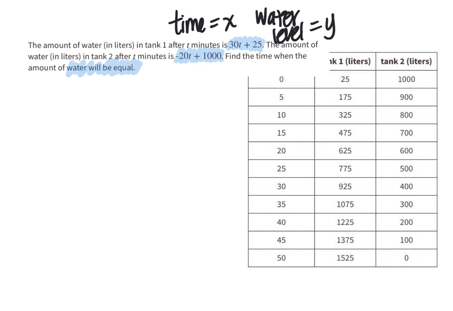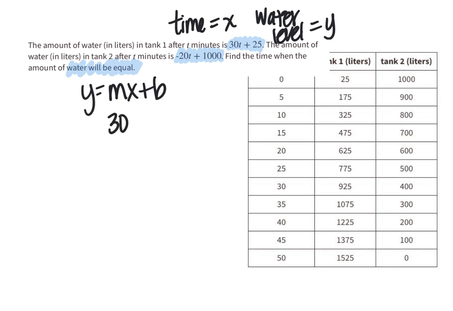If they're the same, that means both of them have the same exact Y. Remember, these equations are written in terms of Y, so they've given you the expression. When we were doing slope intercept form, it was Y equals mx plus b, where m was our slope and b was our Y intercept. Let's take tank 1, for example.